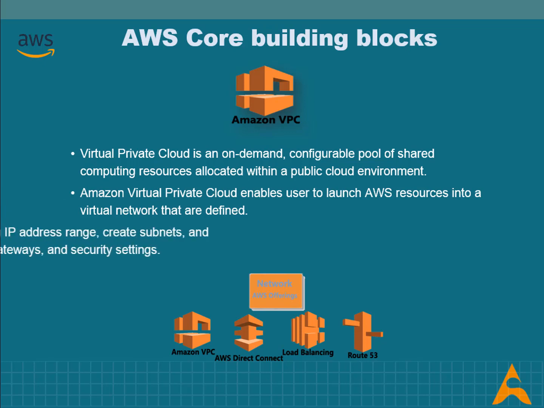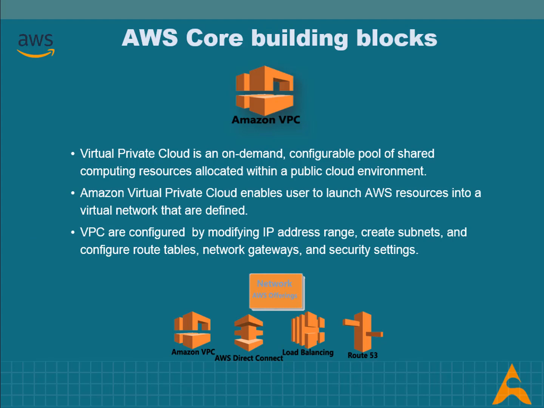Virtual private clouds are configured by modifying the IP address range, creating subnets, and configuring route tables, network gateways, and security settings. Once again, we will revise DNS and IP addresses in our upcoming sessions when we talk about VPC in detail.